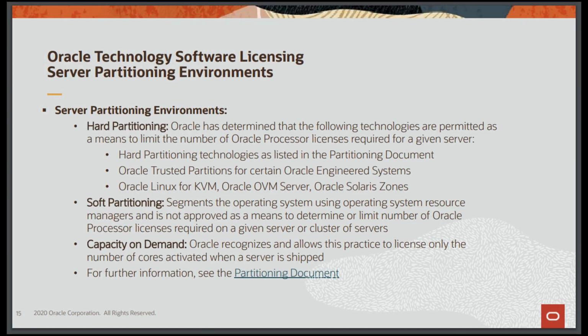Server partitioning environments. Notice Oracle's definition of soft partitioning. They, in their non-contractual partitioning policy document, include VMware expressly in this, and they say that soft partitioning cannot be used either to limit the number of cores that you owe a license on in a single individual server, or to cordon off a subset of servers in a larger cluster and only license part of those servers.